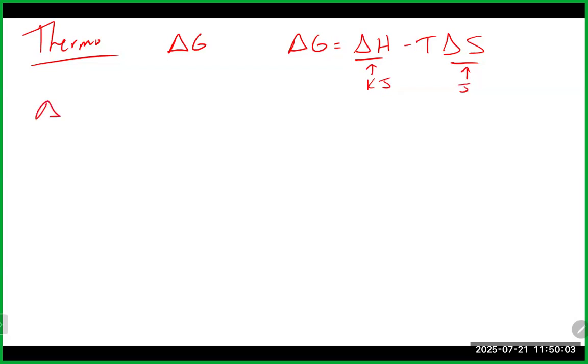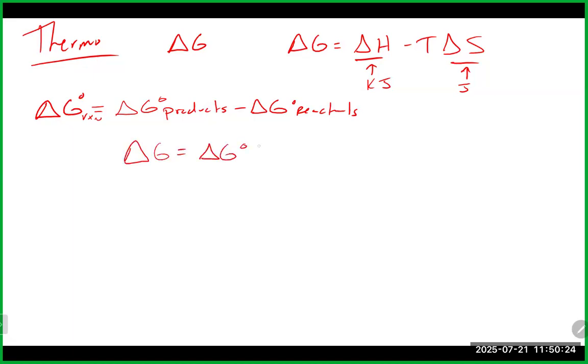We also can do our delta G of formation, which is basically delta G of our products minus the delta G of our reactants. We also saw a delta G equation for non-standard conditions.